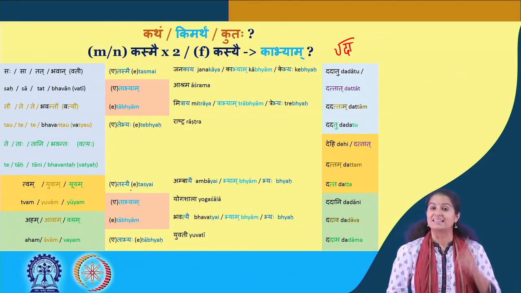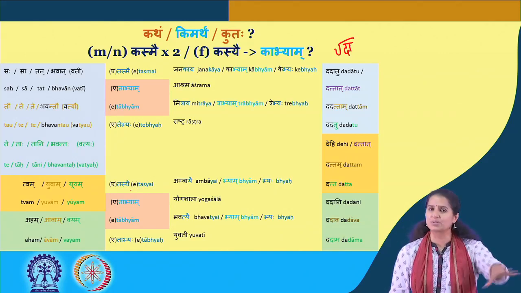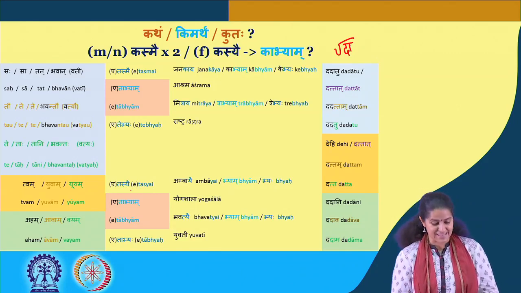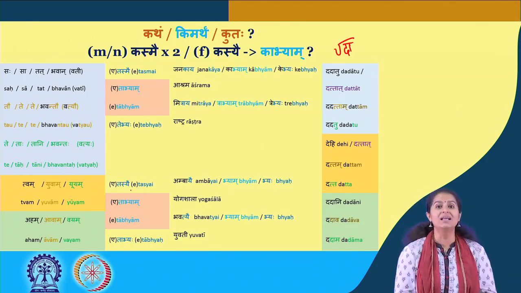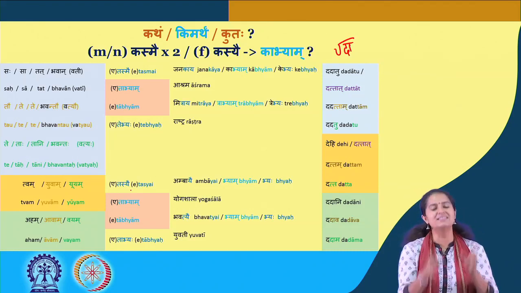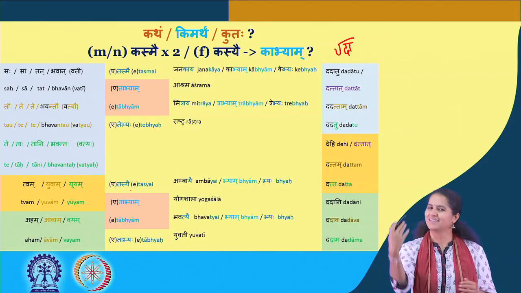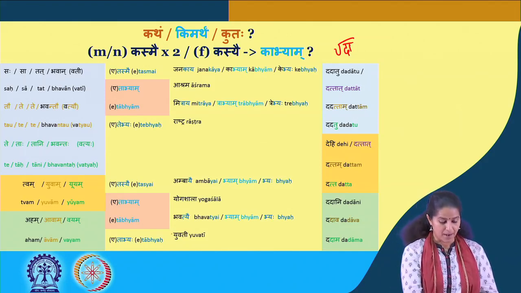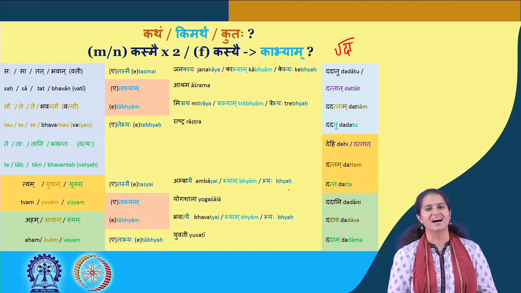So we have tasyai. So we'll just stick to the saha for now, and then we'll look at the verbs separately. So tasyai ambayai dadatu. In the dual, tabhyam ambabhyam. So amba remains ambabhyam dadatu. Plural, tabhyah ambabhyah dadatu.